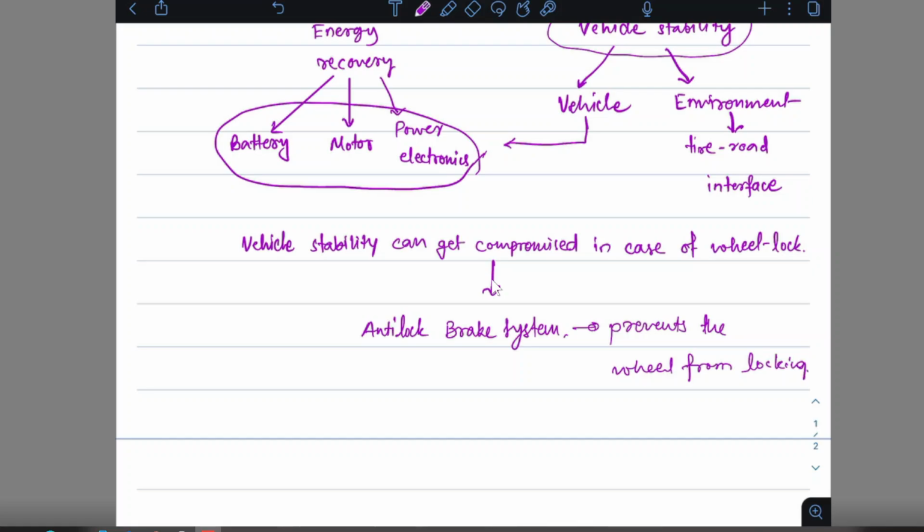Wheel lock can result in difficult scenarios like you may lose steerability if your front wheels have locked, and rear wheel lock can result in undesired yaw motion, which we would like to avoid as it may lead to a vehicle moving out of the road or may result in some collision.